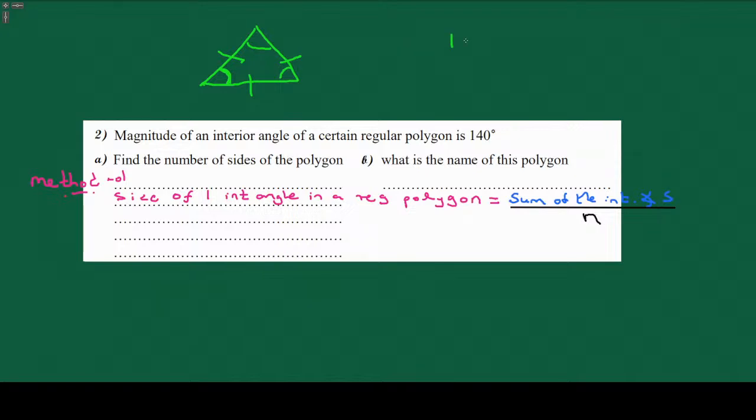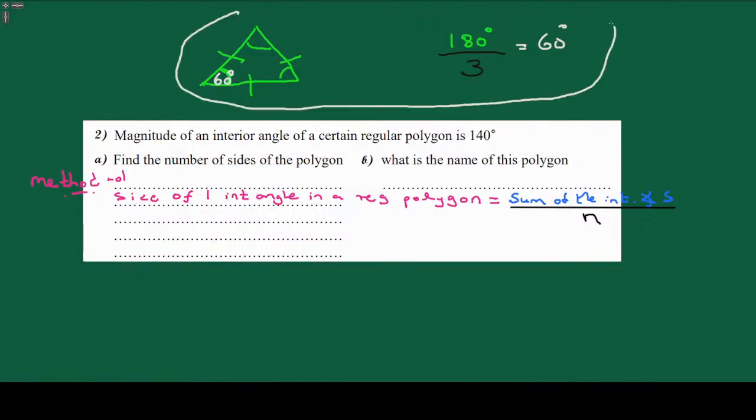So the sum of the interior angles is 180. If you have to find the magnitude of one angle, we divide by 3. Then we get to know one angle is 60 degrees. This example was just shown for you to understand this formula. Size of one interior angle in a regular polygon is equal to the sum of the interior angles divided by n. N means the number of sides.